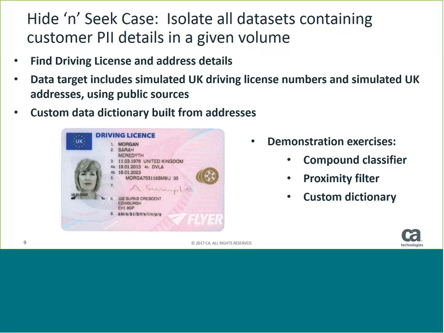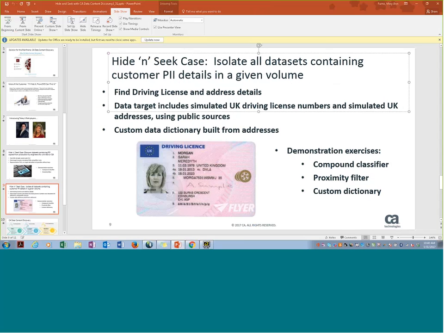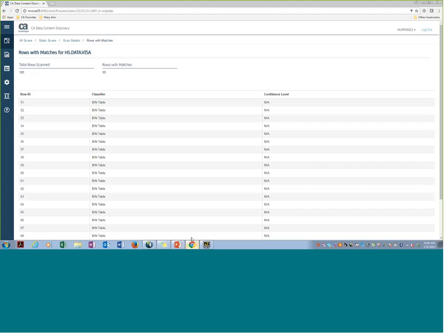So, Marianne, we'll resume our respective roles here. If we were to drop out of this deck and provide a demonstration of that, how should I proceed? We are going to start setting up a scan.